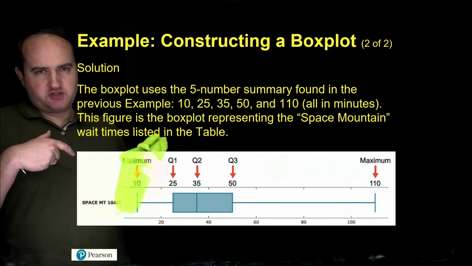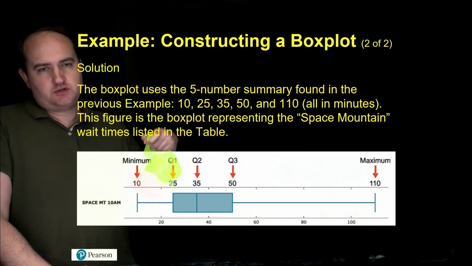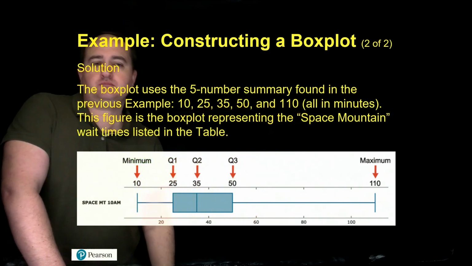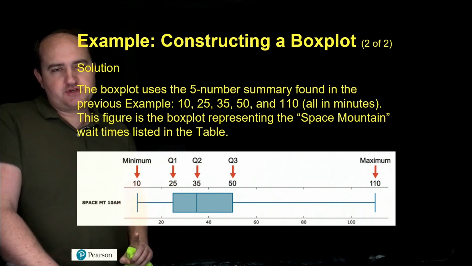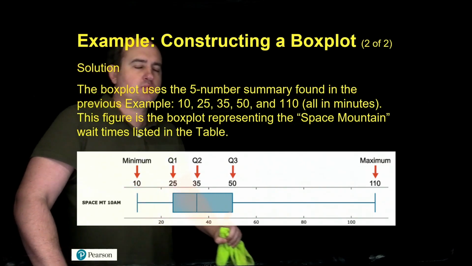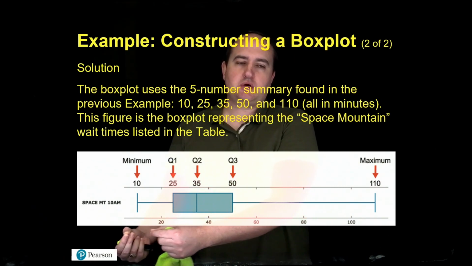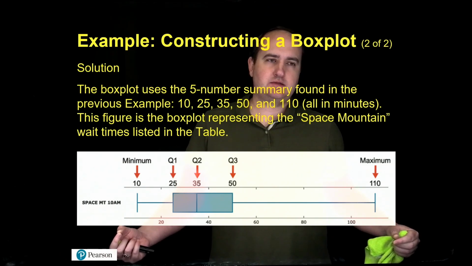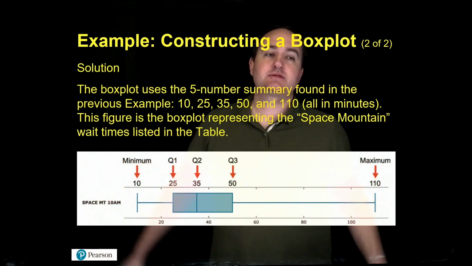Now, to actually construct one from scratch, the first thing you would do is calculate the 5-number summary like we did. Then you would want to start at the minimum and end at the maximum, and construct your x-axis. Well, there's only one axis here, but people like to think of the horizontal axis as the x-axis.